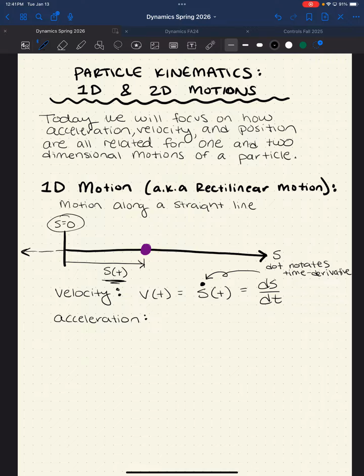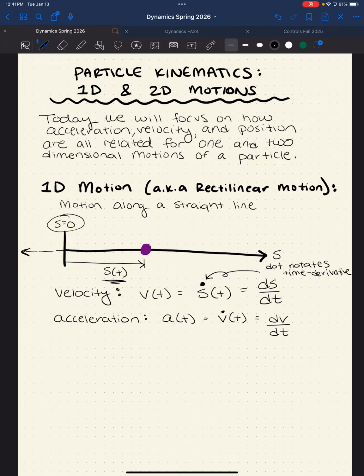Okay, I'm hoping this is a little bit of a review. So does anyone already know how this is related to acceleration? How does acceleration relate to velocity? It's the first derivative of velocity, right? So acceleration of t equals v dot, which is equal to dv dt. Now, if we wanted to say this in terms of position, I could say this is the second derivative of position.